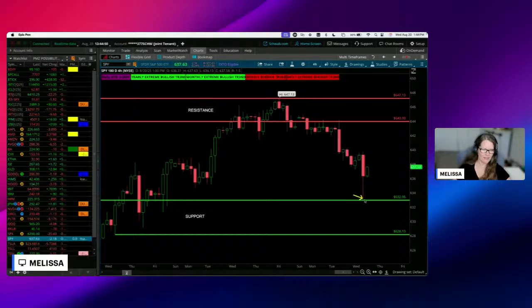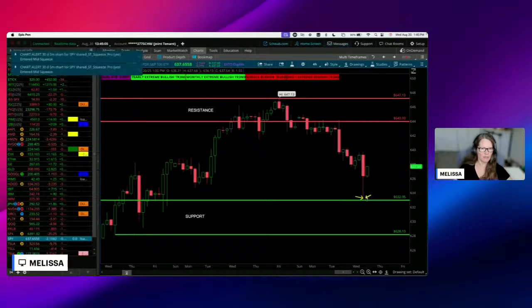So at this level, you would want to buy calls or buy the equity. Probably if you're new to trading, you're not trading spreads, but either way, this is an opportunity for a bullish trade. Okay, let's look at it from resistance as well.